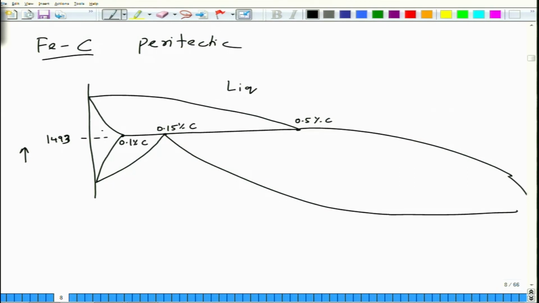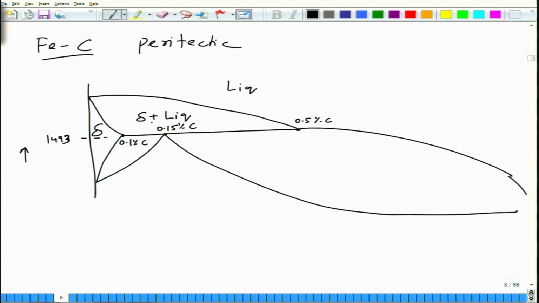So at high temperatures, for pure iron, you have this delta phase, which has a BCC structure. If you increase the carbon content further, this delta phase coexists with the liquid phase, and you can determine the composition of the two phases using a tie line.